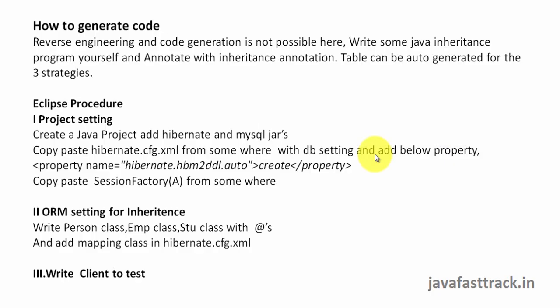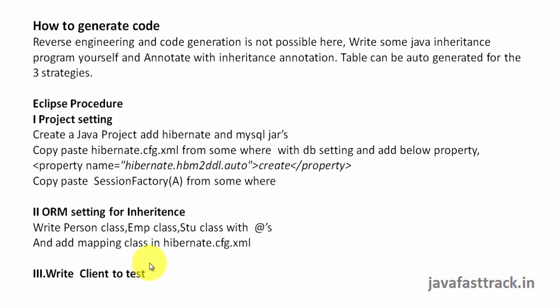Once again, I'm repeating the same thing. Follow the 3 steps. Do the project setting. Do the ORM setting like what I've done. Most of it is manually written code without any help from Eclipse, but Hibernate can automatically generate tables.